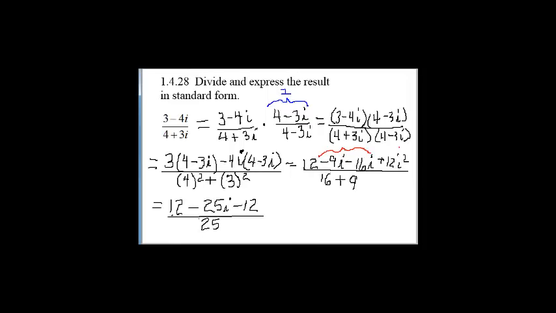So 12 minus 12 winds up giving me simply a negative 25i over 25. Which equals negative i, because the 25s divide one another out.